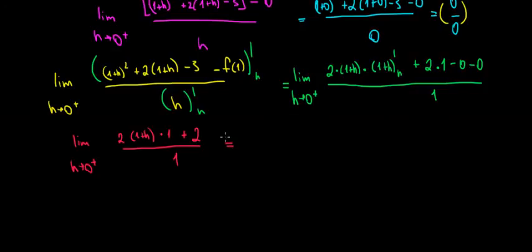So if we substitute 0 into h, what's going to be the answer? Well, we will have 2 times 1 plus 0 times 1 doesn't change anything, plus 2 divided by 1. So we have 2 times 1 is 2, plus 2 is 4, divided by 1 is 4. That's the limit when h is from the right side.